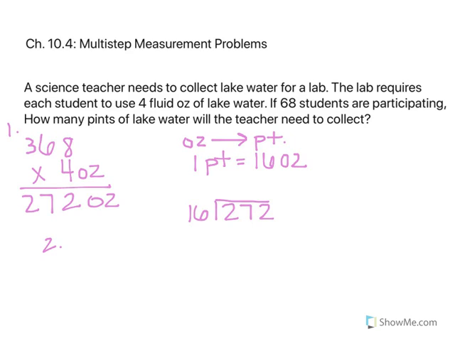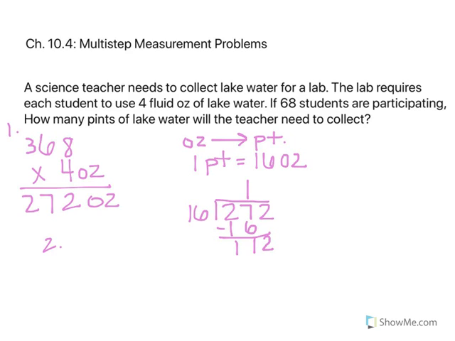Well, I know that 16 times 2 is 32, so that can only go into 27 one time, which is 16. I subtract, I get 11. 16 can't go into 11, I bring down the 2, and I could figure out my facts of 16 to figure out how many times 16 can go into 112.